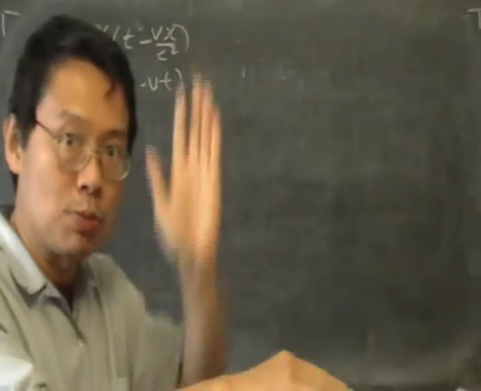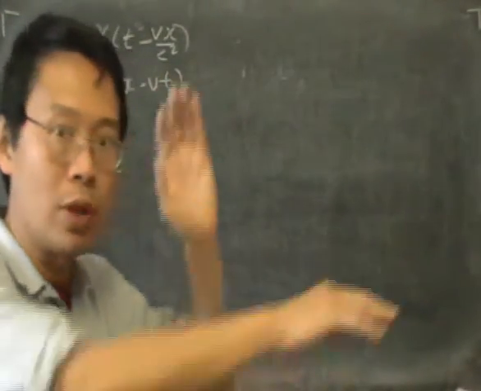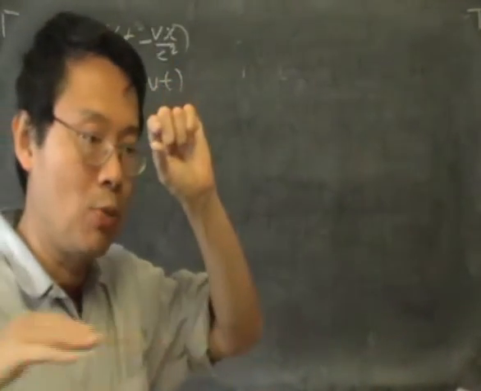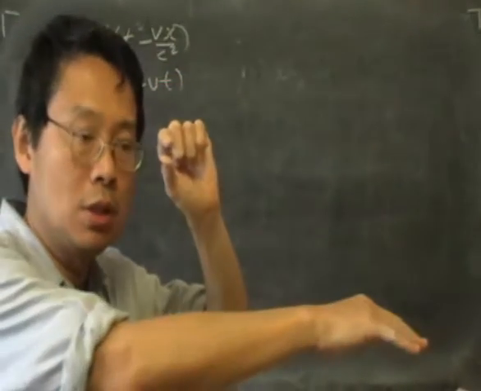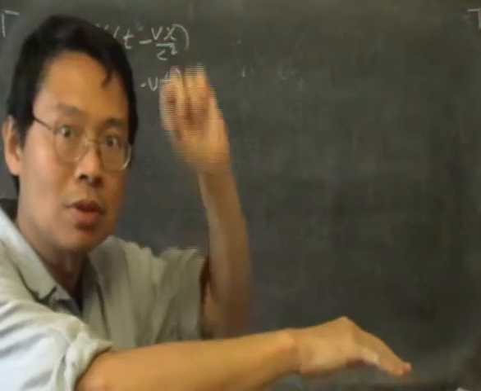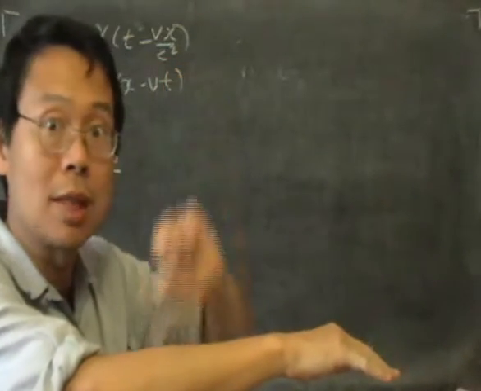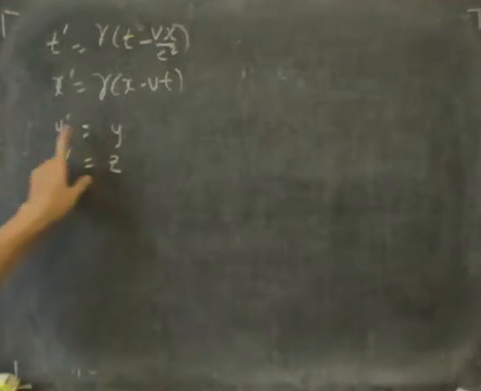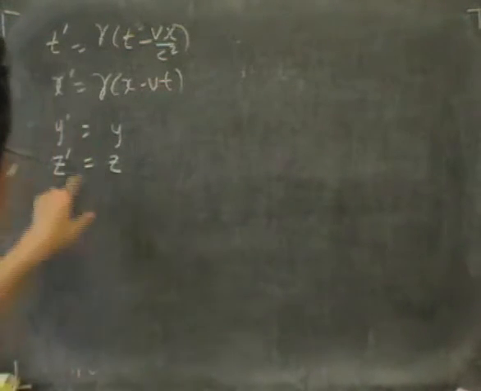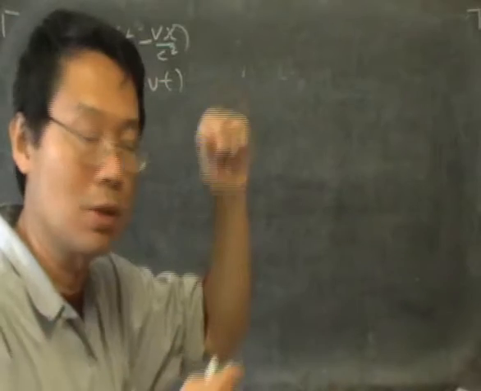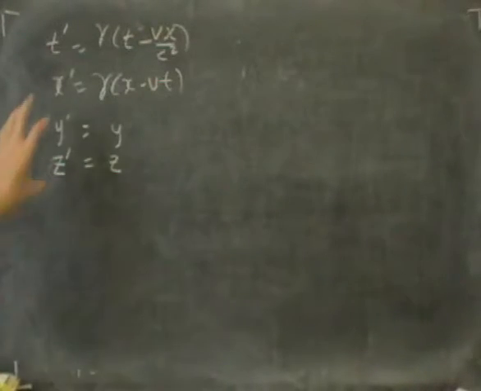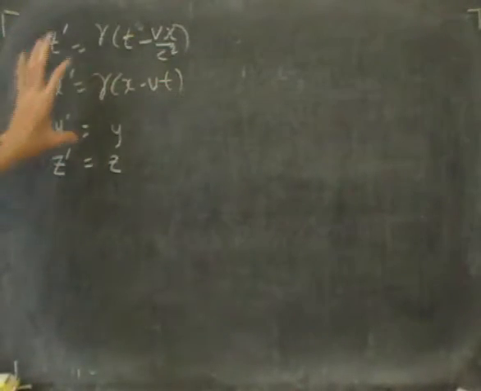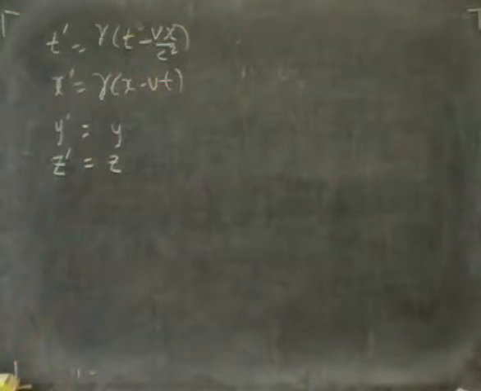For coordinates perpendicular to it, if I have an object here and you change the frame of reference, the object is still at the same height, the same y value from the axis. So the y is the same in either frame of reference. Likewise for the z, which is in the perpendicular direction. Okay, so those two don't change. So these are my Lorentz transformation equations.